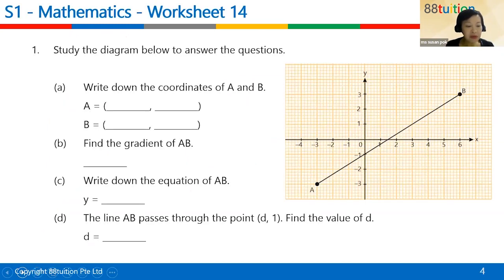All right, for tutorial 14, worksheet 14, we are supposed to fill in the coordinates of A and B. For coordinates A and B, last week we covered a few already. So this week is something like a recap. To read a coordinate, it comes with a bracket. I do this in red.